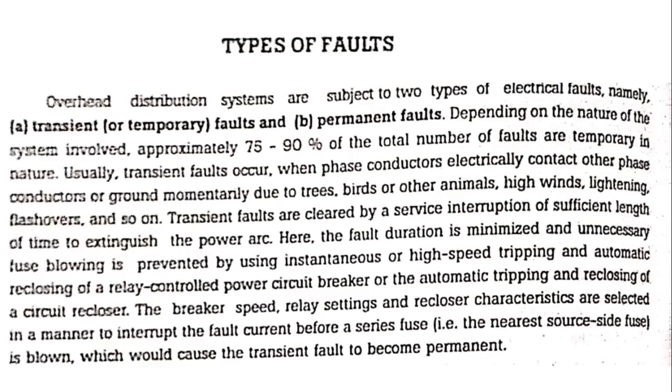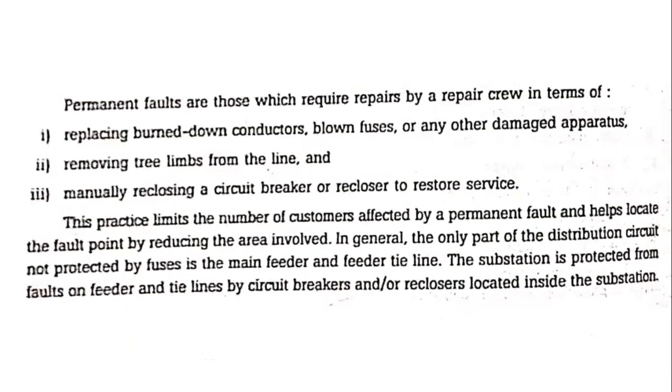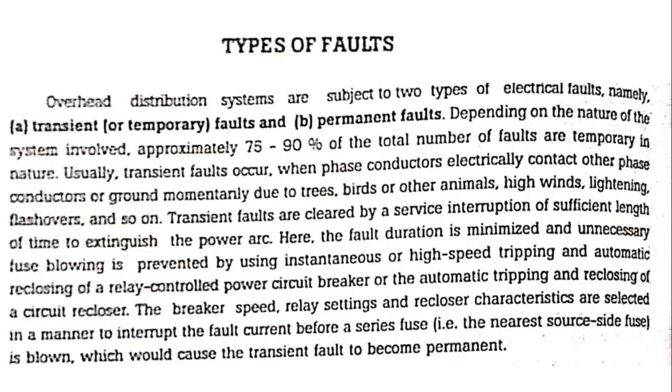Therefore, 70 to 90% of total faults are temporary faults. Temporary faults means the fault is automatically rectified and automatically cleared. That type of fault is called a temporary fault, and almost 90% of faults are temporary.